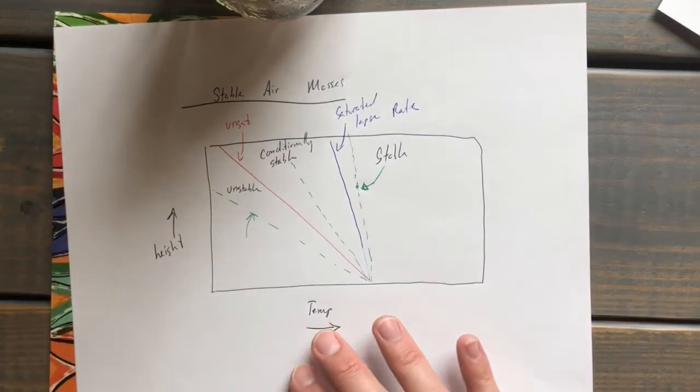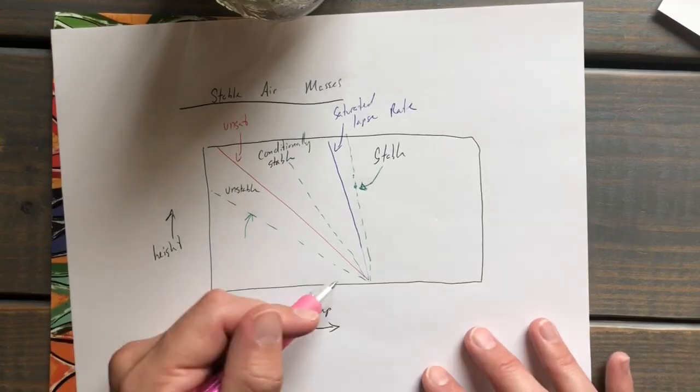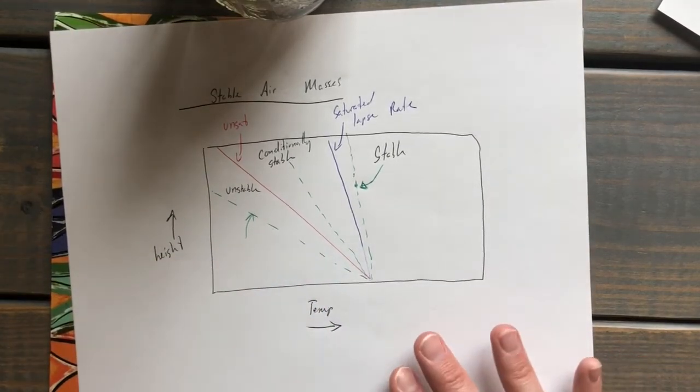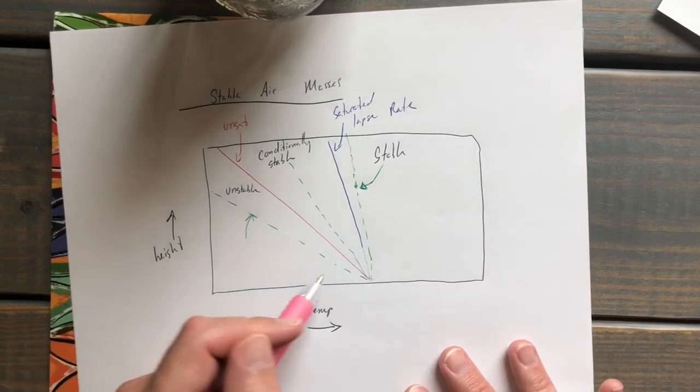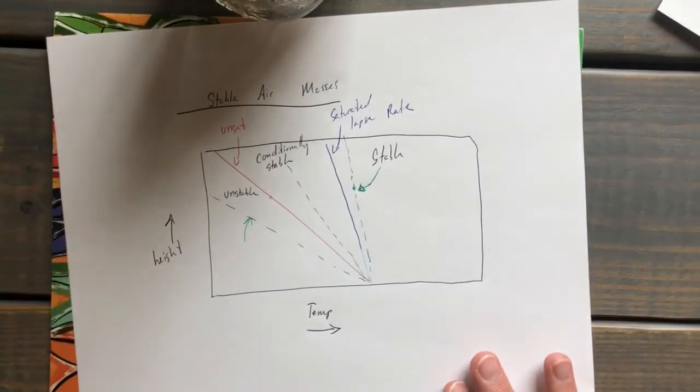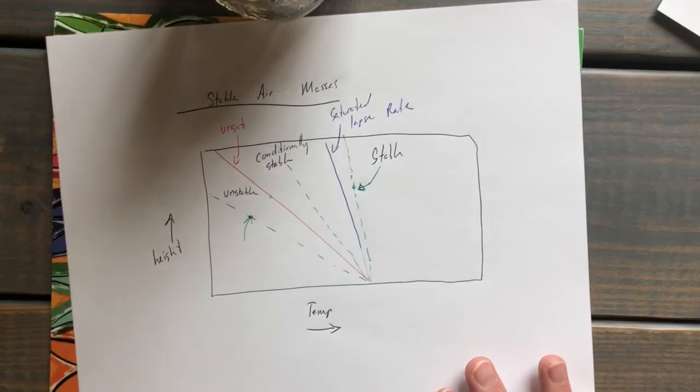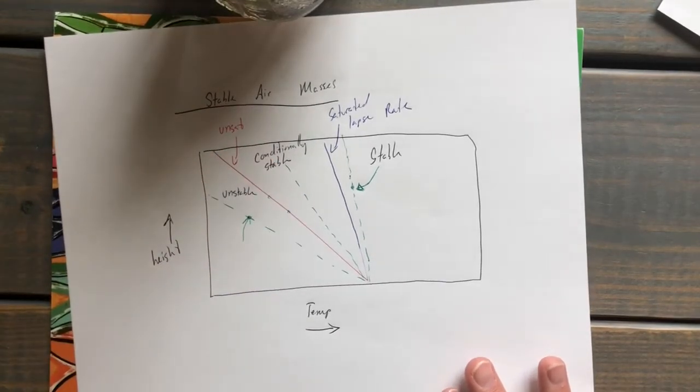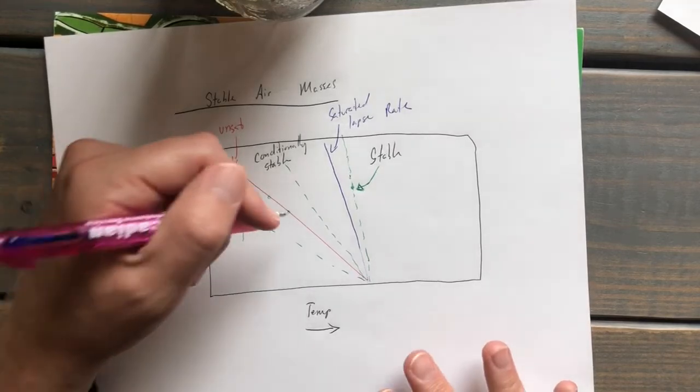In this scenario, we have a rising air mass that is much warmer at any given change in height compared to unsaturated air. And because it remains much warmer than the unsaturated adiabatic lapse rate, it's going to be encouraged to continue to rise.